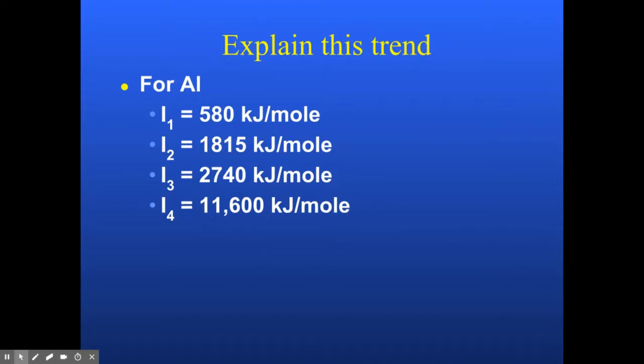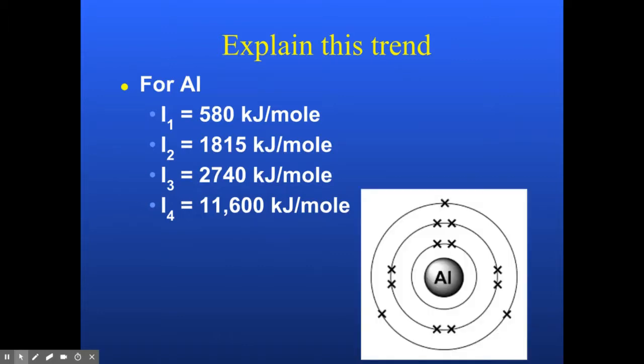I1 still relatively low. I2, I3, and oh my goodness, 11,000 for I4. How would you be able to explain the big jump in ionization energy between I3 and I4? Well, aluminum has 3 valence electrons.